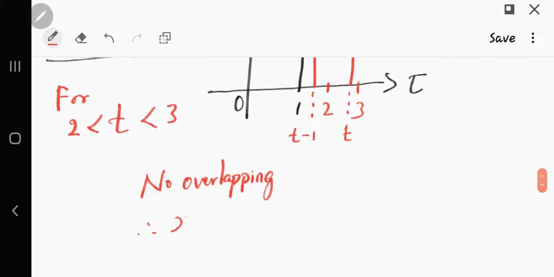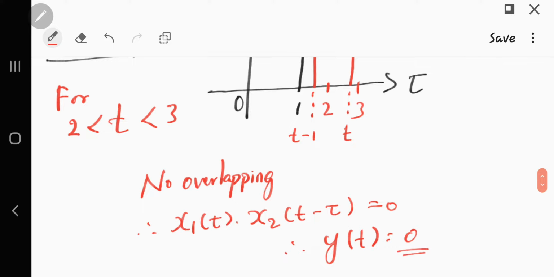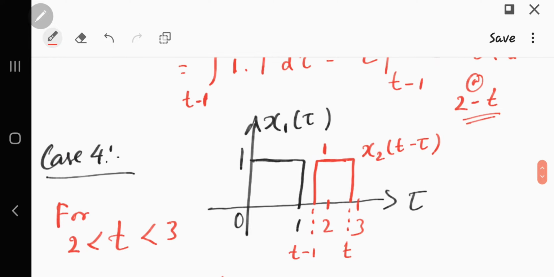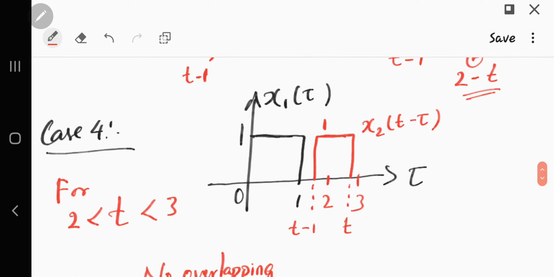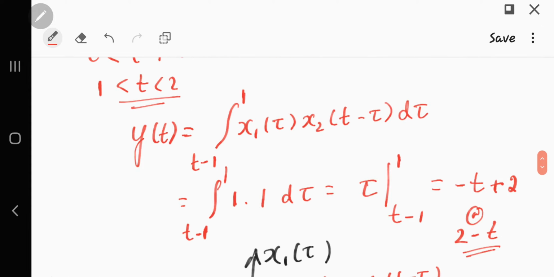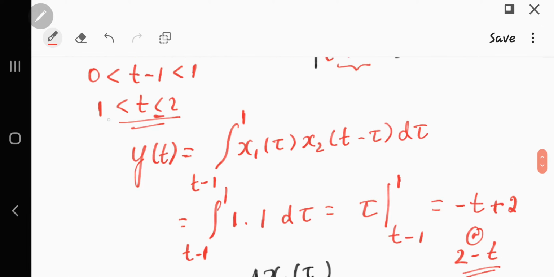Therefore, x1 of tau and x2 of t minus tau, the product of these two will be 0. So that means y of t will also be 0. Now if you observe this, if you take further steps, then it will be completely 0. So for simplicity purpose, here you can see the signal existing only for t less than or equal to 2.